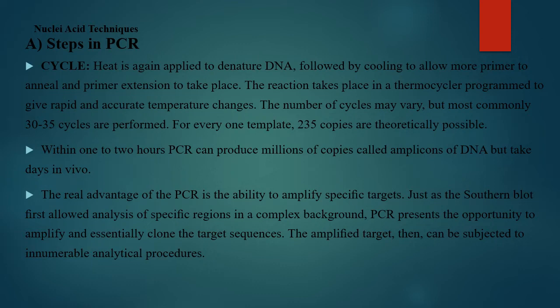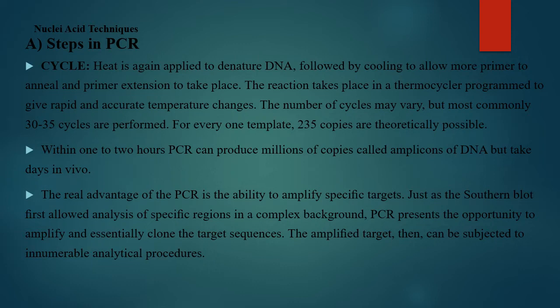So heat is applied to denature DNA again, followed by cooling to allow more primer to anneal. When heat comes, it denatures. When it is cooled, the primer is able to anneal or bind, and then the extension takes place by the polymerase. Now this reaction takes place in a programmed system which we call the thermocycler.